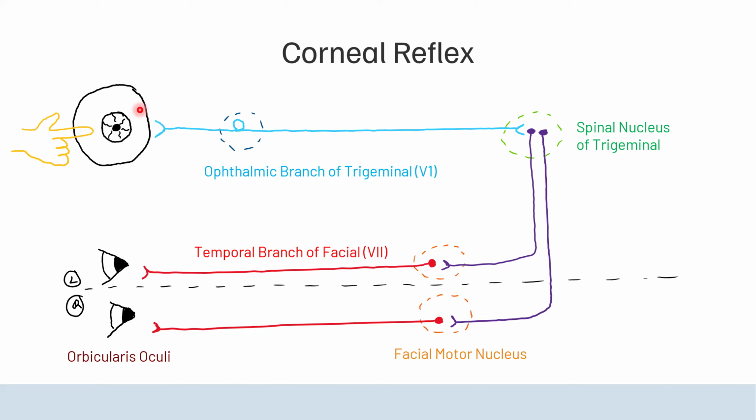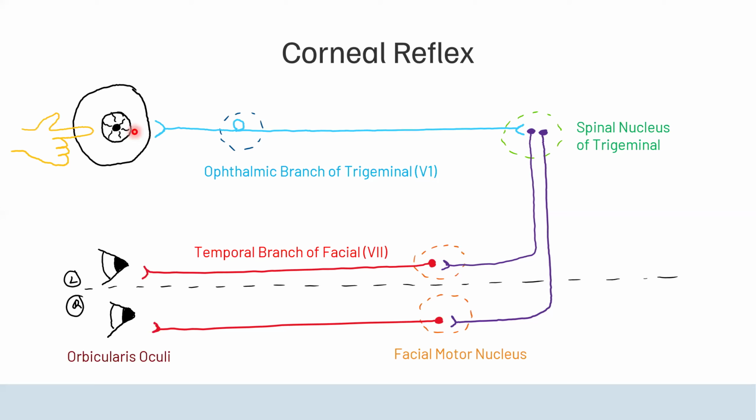Once I do that, I will have a branch from the trigeminal nerve. So this is a purely sensory, okay? The trigeminal nerve will go and synapse with the spinal nucleus of the trigeminal. Why? Because this was a touch, right? We said that the spinal nucleus of trigeminal is the one that is responsible for the sensation of touch.